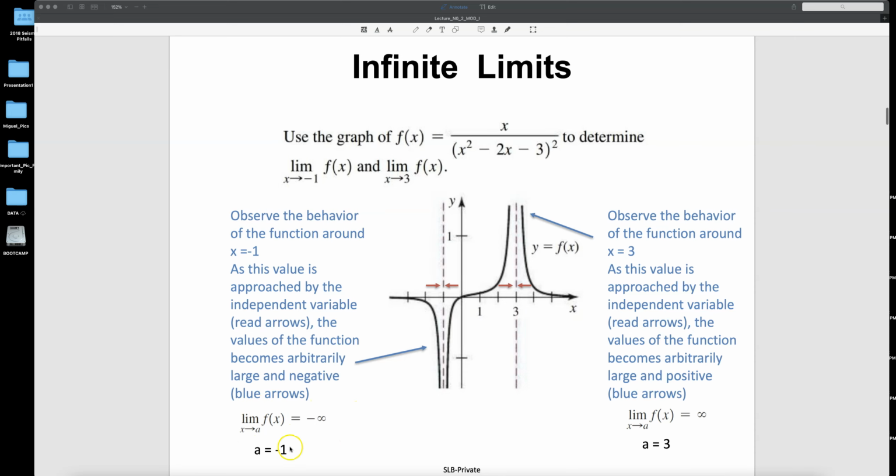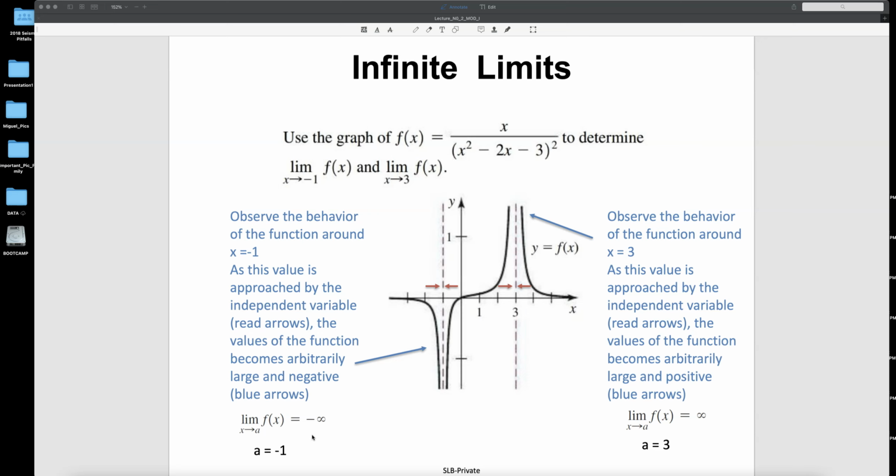Now, this is a mathematical notation, okay? I don't want you to get confused. Really, the limit doesn't exist, because any time I get close to -1, I get a larger negative number, and a larger number, and a larger number.